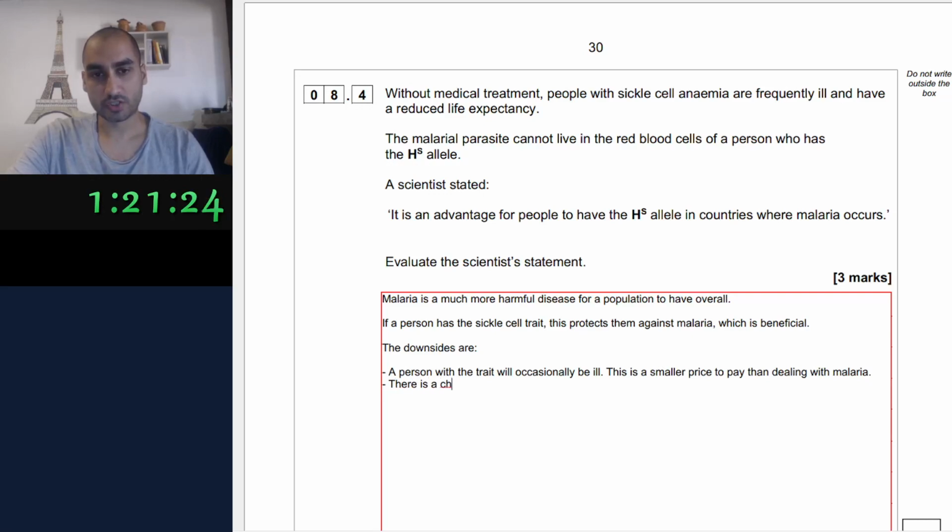There is a chance of offspring having full-on sickle cell anemia.